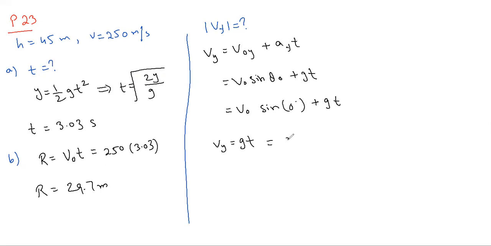So by putting the value 9.8 multiplied by 3.03, you will get Vy. I think I made a mistake here. I just checked, this answer isn't equal to that. This is 758 meters, while this is 29.7 meter per second.